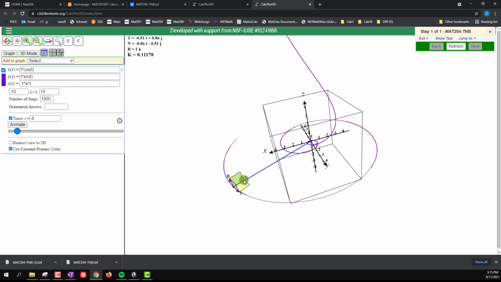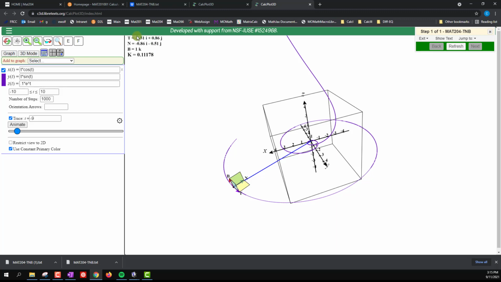The unit normal vector, which is always pointing in the direction in which the curve is turning. And those two form this lower plane right here called the osculating plane. And then we've got the osculating plane's normal vector called the binormal vector, always following the right-hand rule. This creates what we call the TNB frame.